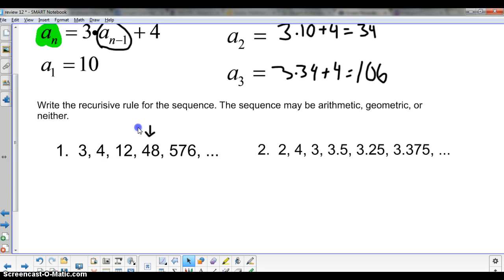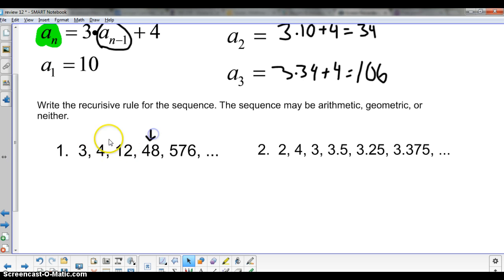So really, you can start anywhere you want. If you want to start at the last number, look at 48. How do I go from 48 to 576? The pattern is going to be the same everywhere, so you don't have to focus on the first 2 numbers. Maybe it's easier to start in the middle somewhere. Okay, I want to look at 12. Now I have the 2 previous numbers in play. 3 times 4 equals 12.